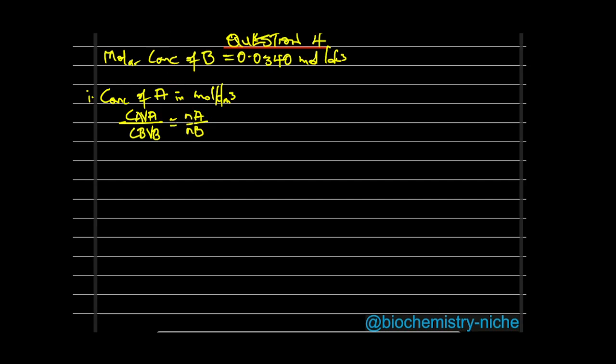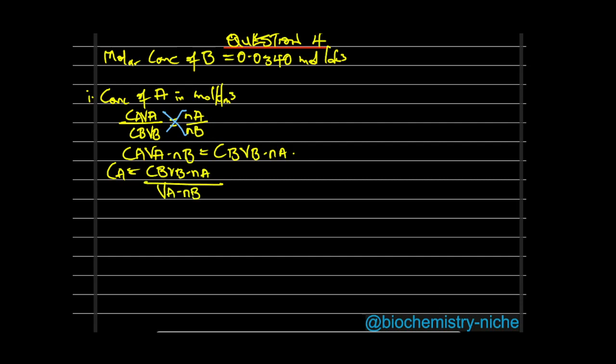All right, so let's cross multiply as usual. When we cross multiply, what we'll be having is CAVA NB equals CBVB NA. I'm doing this continuously so as to get us acquainted with the process. So we are calculating for CA. CA equals CBVB NA divided by VA NB.